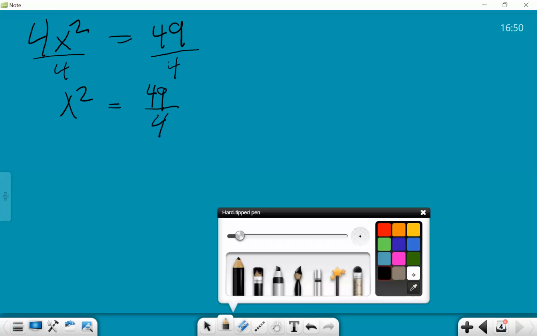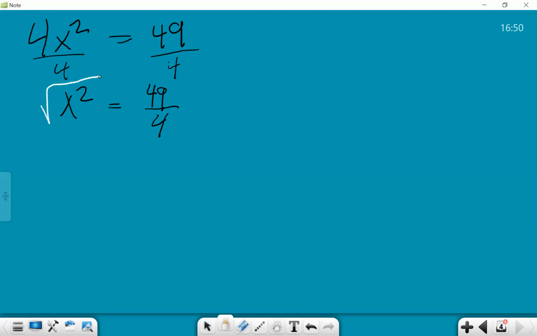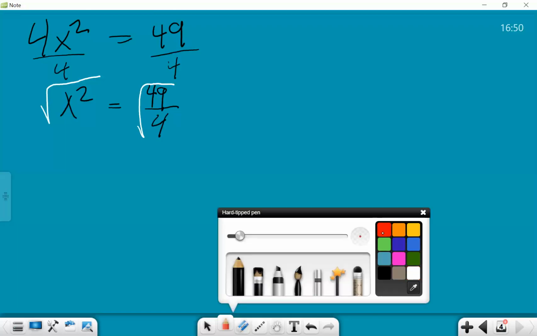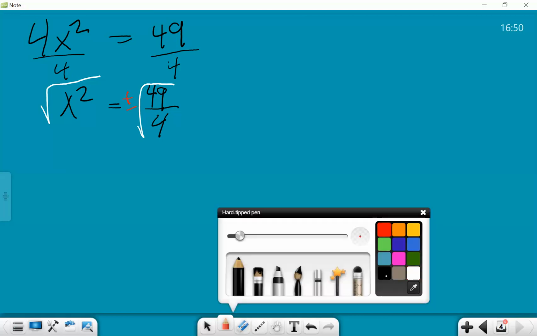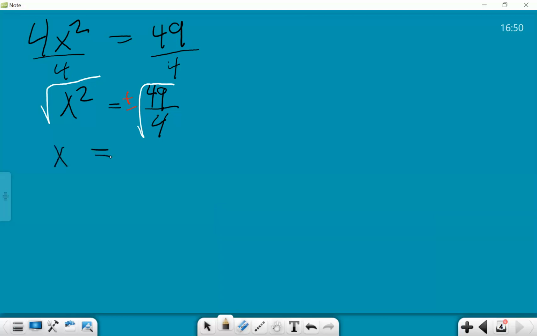Okay, now to undo the square, I'm going to take a square root. Whatever I do to one side, I'll do to the other. And don't forget, when I'm taking square roots in an equation, I'm going to do plus or minus. Now, square and square root cancel out, so I'm left with x equals plus or minus. And if you remember the rules from before for dealing with exponents and square roots, because square roots are just an exponent, I can take the square root of the numerator on top, and the square root of the denominator on the bottom.